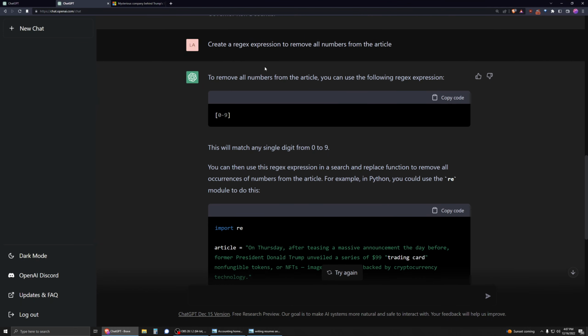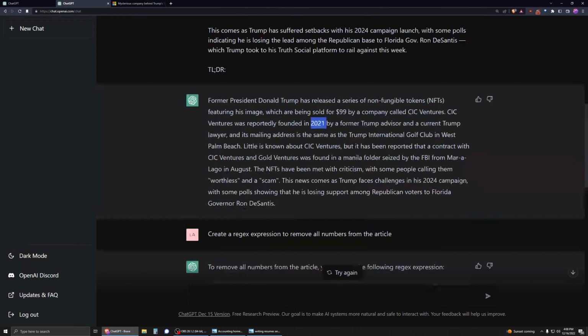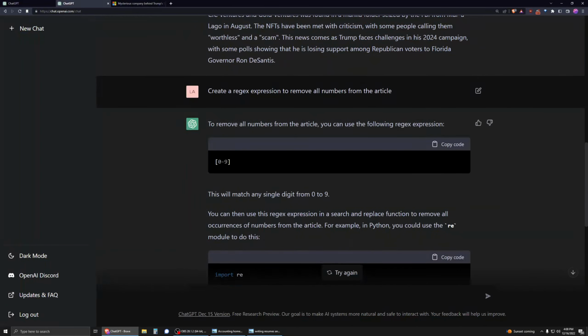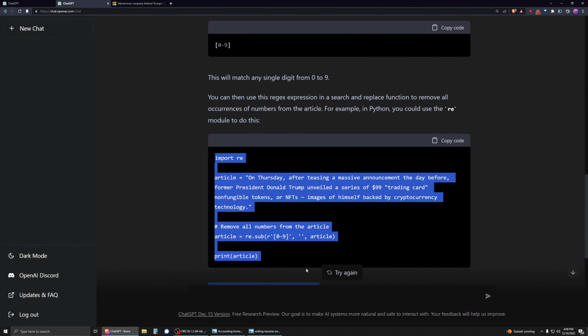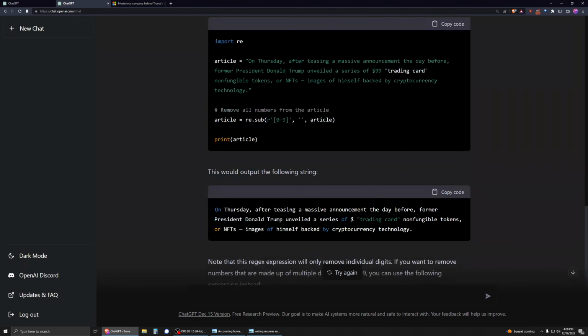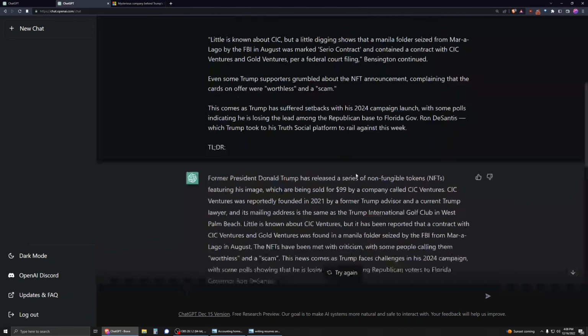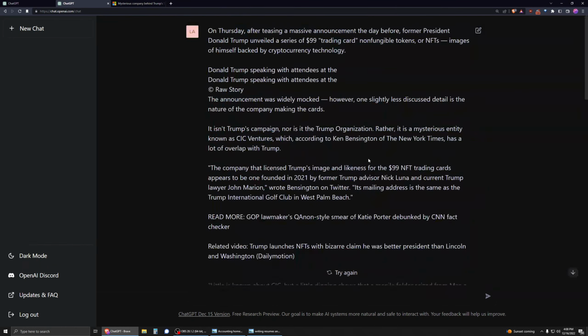And if you don't know what regex is, it's basically an expression that can, like, if I wanted to remove all of the numbers from the article, then I could use regex, and this is regex within Python, and then it would remove the numbers. So see, it has just the dollar sign and then trading card. So yeah, it removed the number.